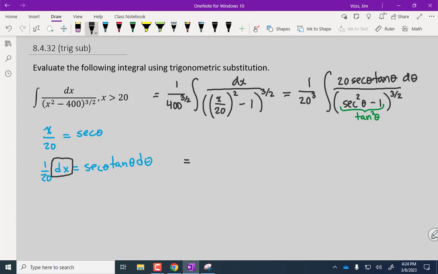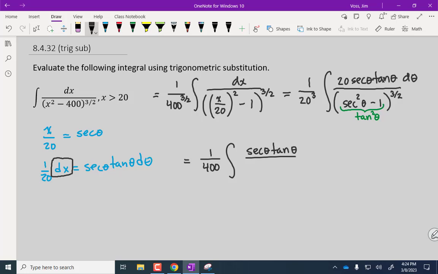Okay. Another 20 in the numerator, that'll cancel, so we'll end up with 1/400th out in the front. In the numerator, we have secant tangent. In the denominator, let's see what we have. That's tangent squared raised to the 3/2.